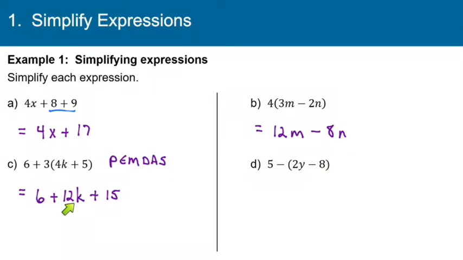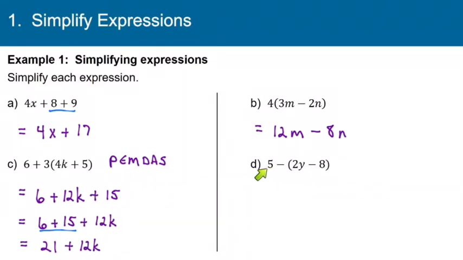So I'm just going to use the commutative property to rearrange these last two terms, and that will give us 6 plus 15 plus 12k. And now you can see that the 6 and the 15 should be combined. So 6 and 15, of course, make 21. So this expression can be simplified to 21 plus 12k.